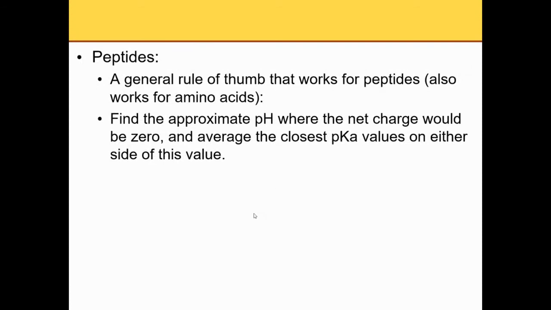And then for the peptides, so that's for the individual amino acid. For the peptide, find the approximate pH where the net charge will be 0, and then average the closest pKa values on either side of this value.